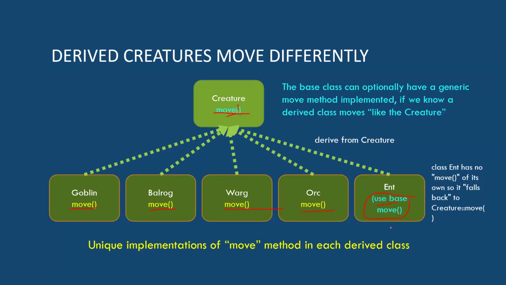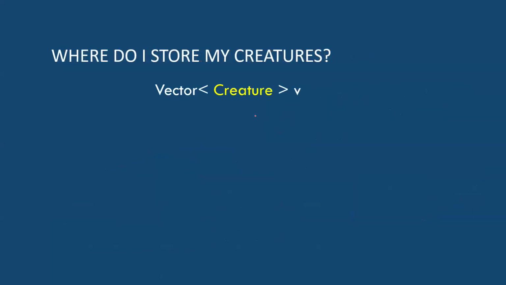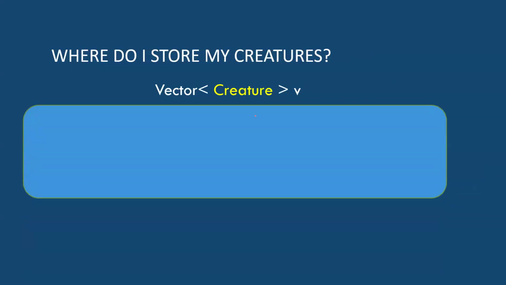And of course, we also have the opportunity of falling back if one of our classes has not implemented that. So let's talk about how we might do this in a real game, because this happens all the time. Once you create two creatures, your next question is, what should my main loop look like if I want to update all my creatures?